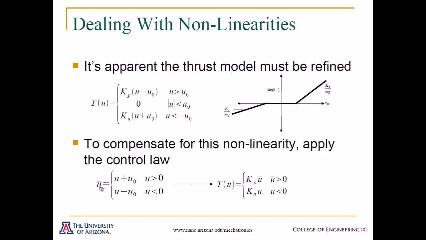So by introducing a variable U bar equal to U plus U0 for positive input voltages and U minus U0 for negative control voltages, the new thrust of the pendulum is given by Kp times U bar for positive inputs and Kn times U bar for negative inputs. This remains a nonlinear law because the Kp and Kn parameters are not equal to each other.